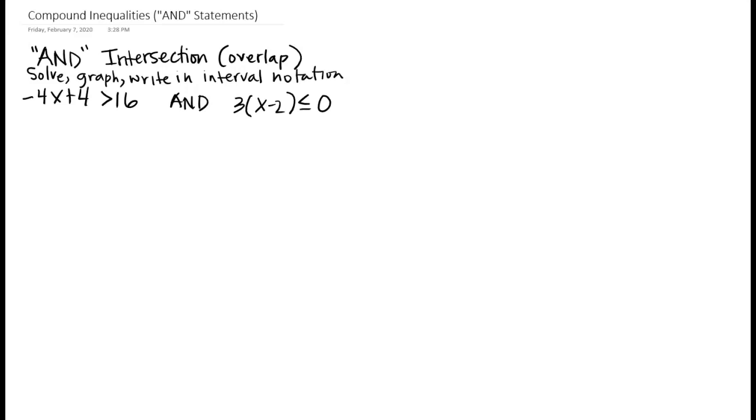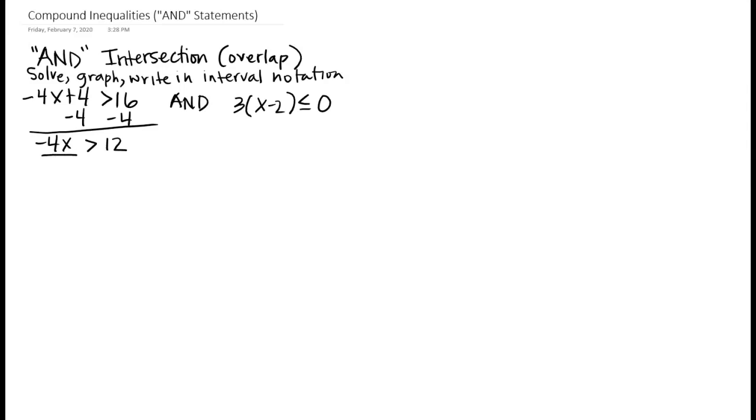All right, so let's start with the one on the left here. So we're trying to isolate x, get x by itself, so that means we need to move the 4. It's connected by addition, so let's subtract 4 on both sides. That will give us negative 4x on the left side and 12 on the right side, and make sure you keep that inequality sign going down.